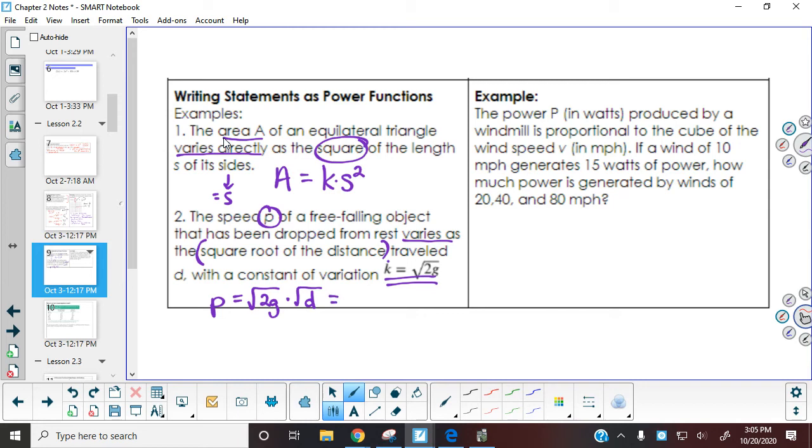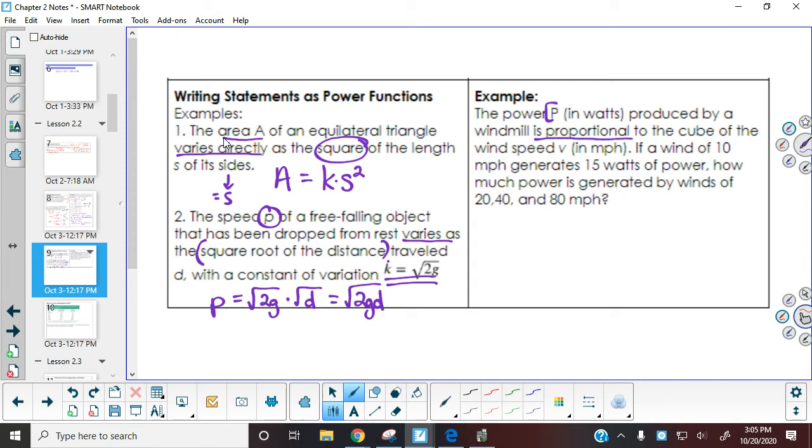Now, we could condense this if we wanted, because since they're both under the square root, we can go ahead and make that 2gd inside that square root. Okay, so that's just using the information in our sentences and translating it into an algebraic equation. If we look at a specific example here on the right-hand side, it says the power, so power is proportional.